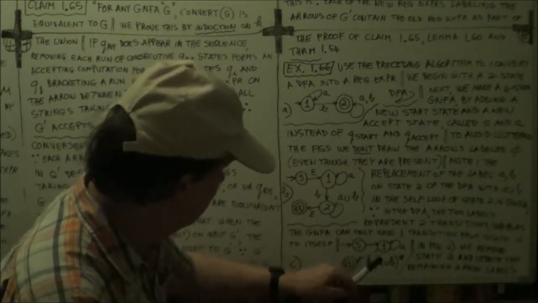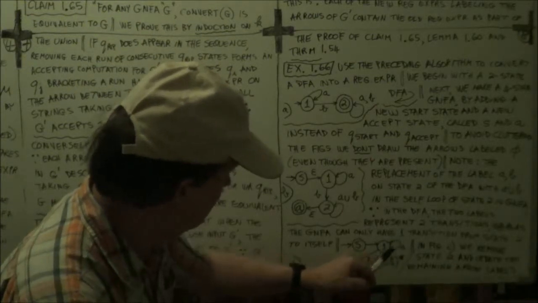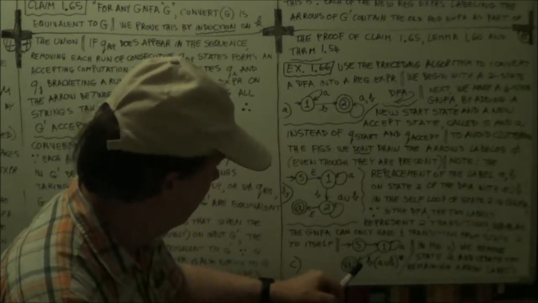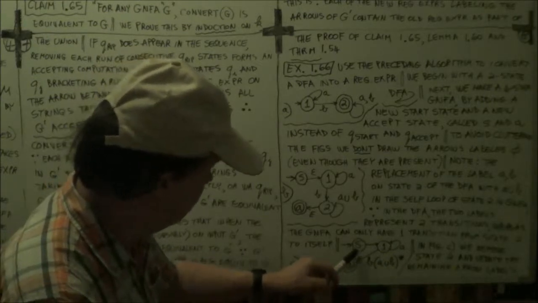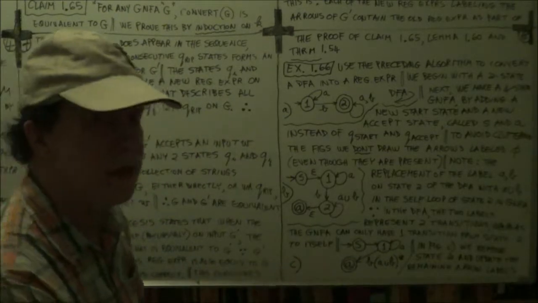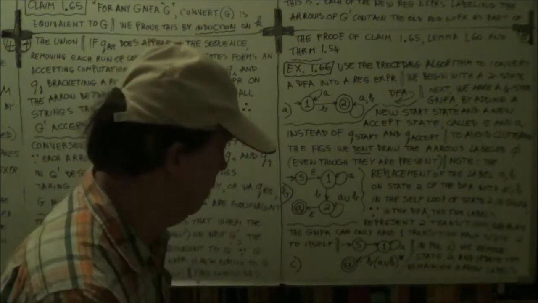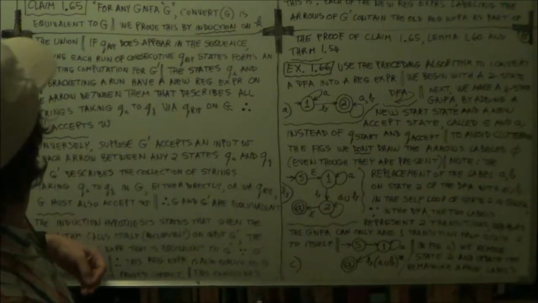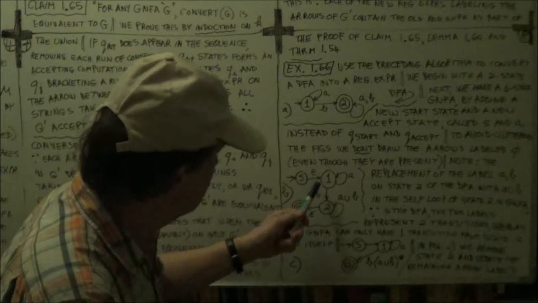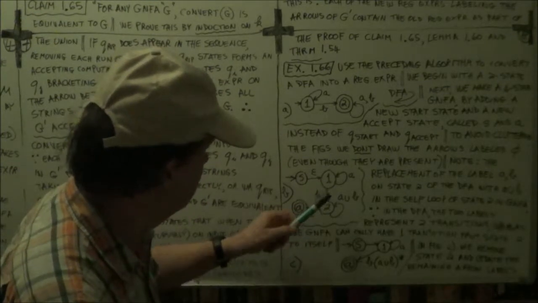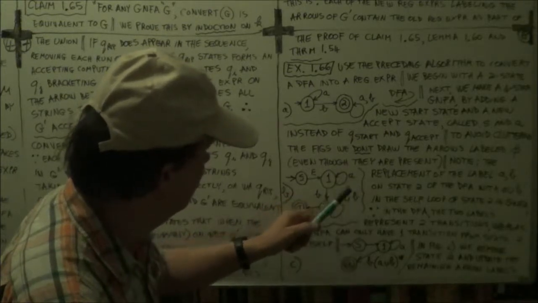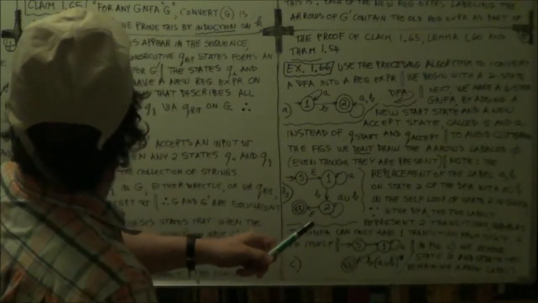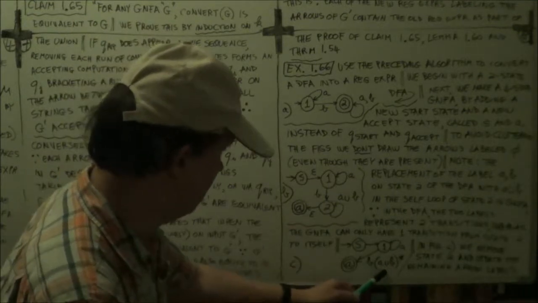So that's your R1, that's your R2, and that's your R3. And so the direct transition's regular expression will be R1, R2 star, R3. R1 is nothing, so we're left with R2 star, R3. R2 star, so it'll be this one, it'll be A star, R3, and R3 is this.